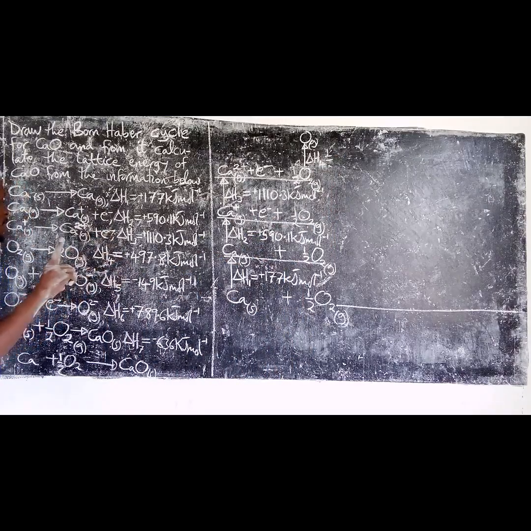Dissociation energy is the heat energy which is required to break down an element in molecular form to form 1 mole. This is the heat dissociation energy. It is the heat energy required to break down 1 mole of an element in its molecular form to form moles of gaseous atoms.